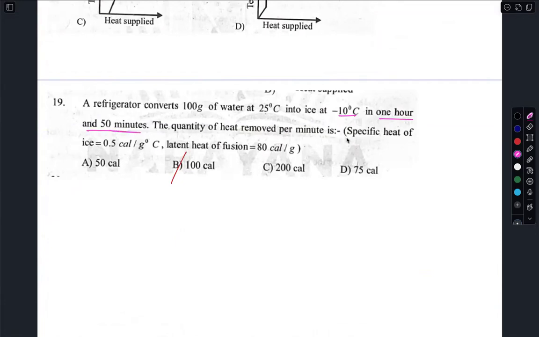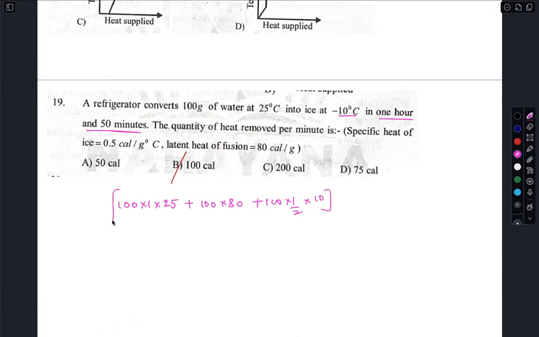It is 110 minutes total. 100 grams, specific heat 1, difference of temperature 25, state change is also there: 100 into 80 plus 100 into 1 into half into 10.